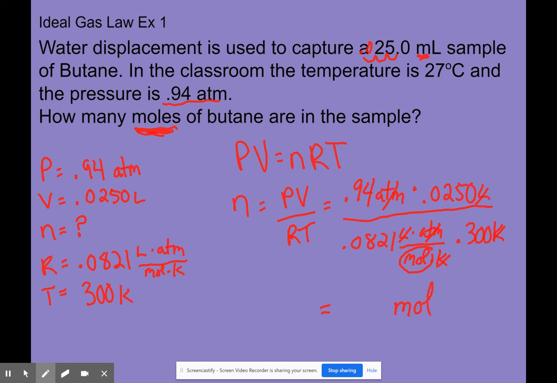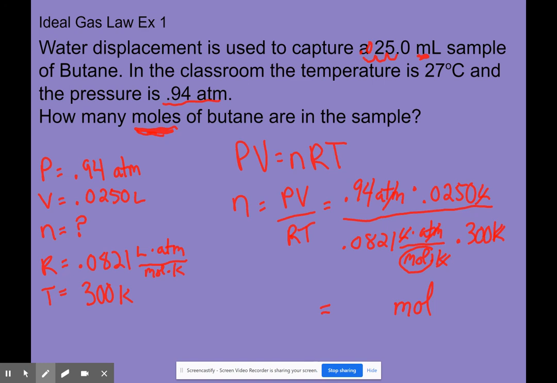So now I just type into my calculator 0.94 times 0.0250 divided by 0.0821. And notice the 300 is on the bottom. So I could put the bottom in parentheses, but it's easier just to divide since it's on the bottom already. So divided by 300.